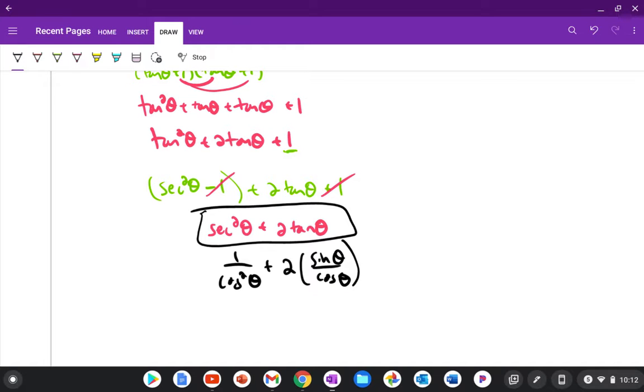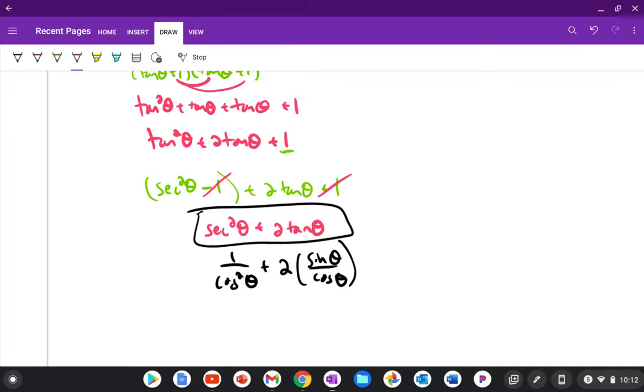All right, I'm going to try to write these over the same denominator. So in order to do that, to combine these, I would need to multiply this by cosine over cosine. And then we get 1 over cosine squared theta plus 2 sine theta cosine theta over cosine squared.